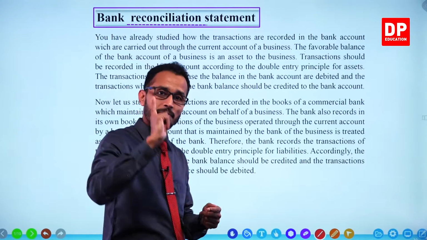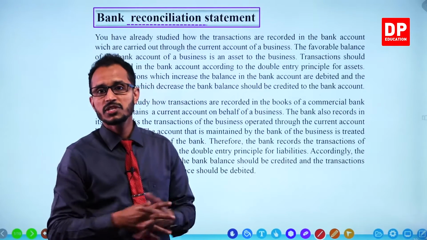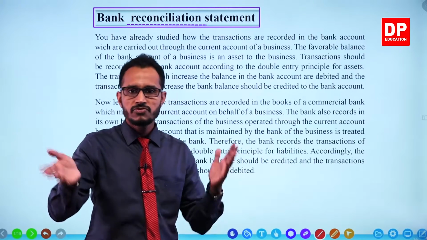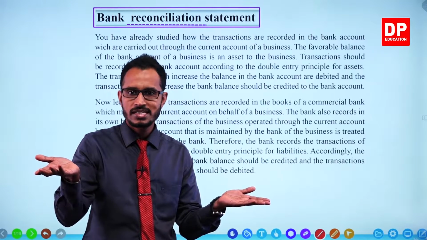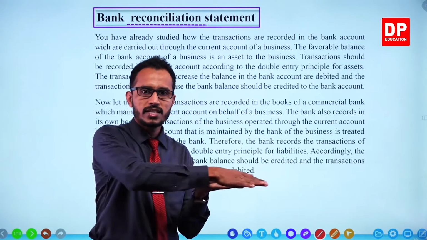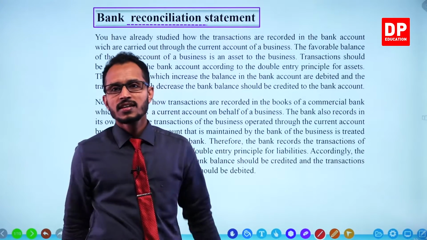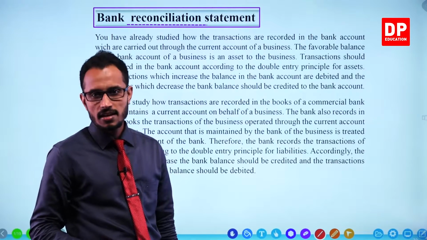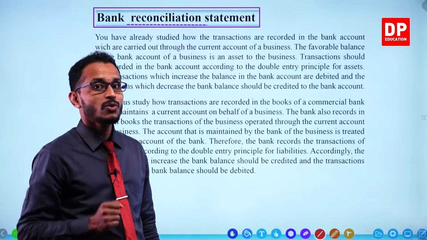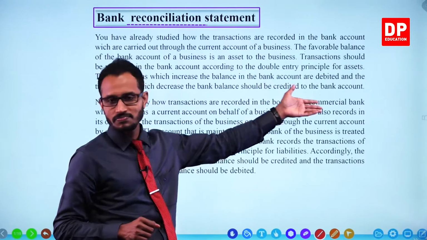It is a computer generated, printed statement, maybe one A4, maybe a few A4s, folded and mailed to your address, sometimes even by email. That is called a bank statement.